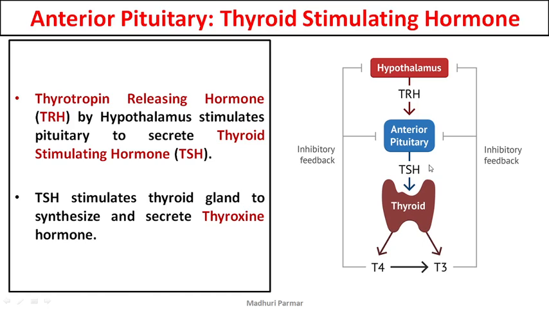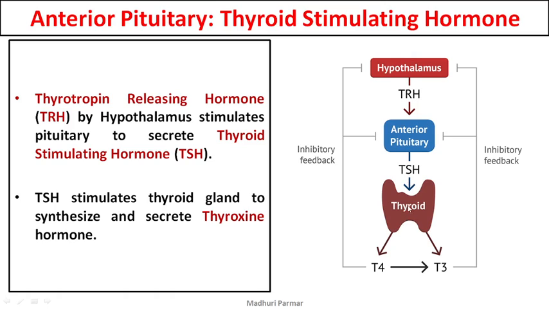Most of these regulations, or the path that you see, is known as the hypothalamus pituitary organ axis. Before also we have seen the same. You have releasing hormone, stimulating hormone, and the final organ. In the same way, this trend will continue.